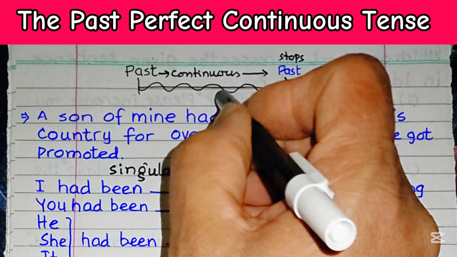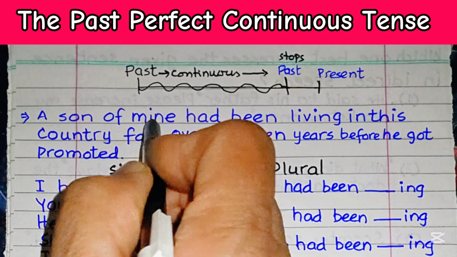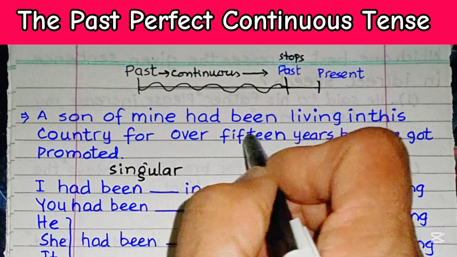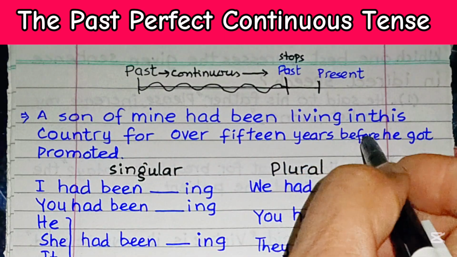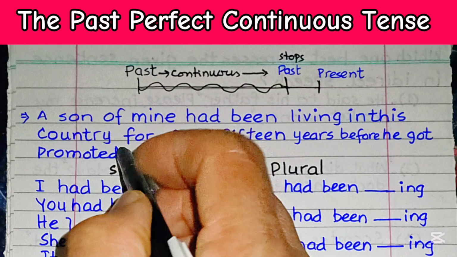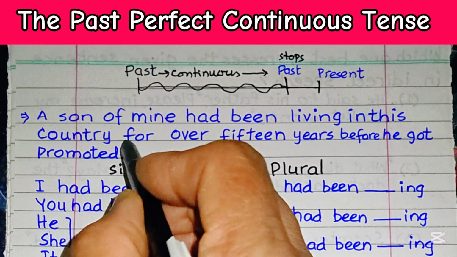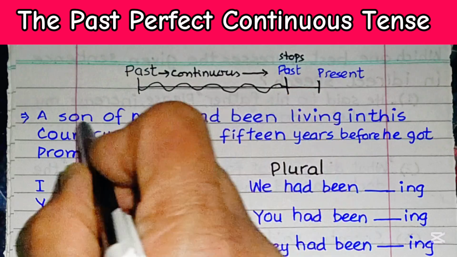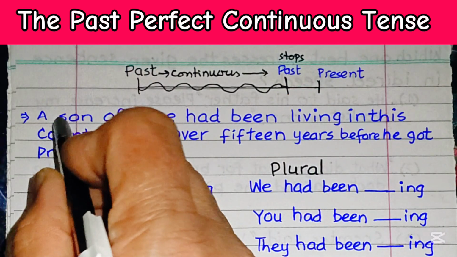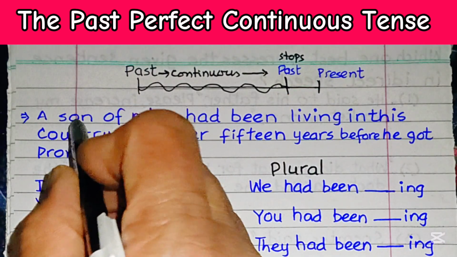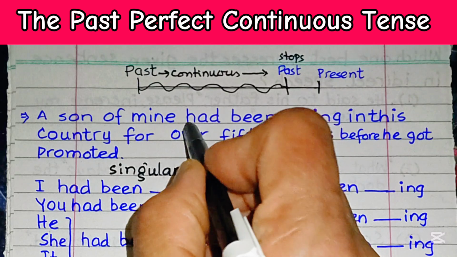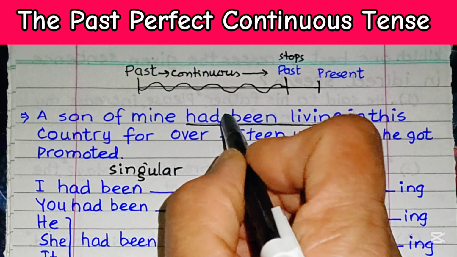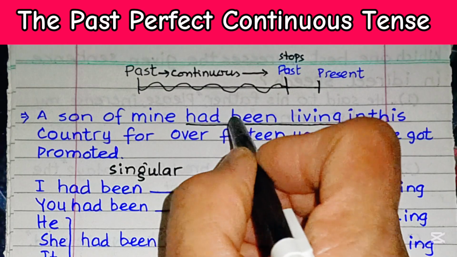For example, a son of mine had been living in this country for over 15 years before he got promoted. So this example is a very good example of past perfect continuous tense. This part shows the past perfect continuous tense.